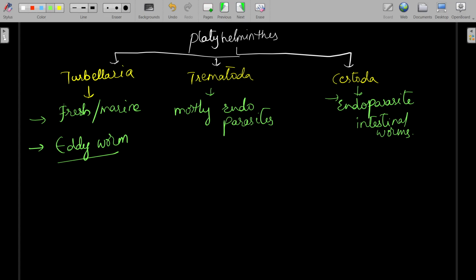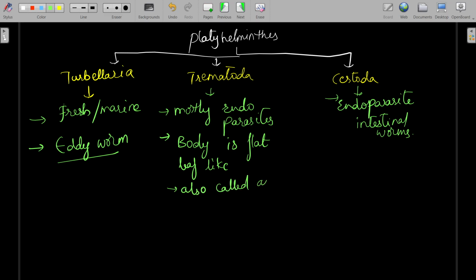In Trematoda, the organism's body is flat and leaf-like, and this is also called a fluke. In Cestoda, the body is ribbon shaped or ribbon like.